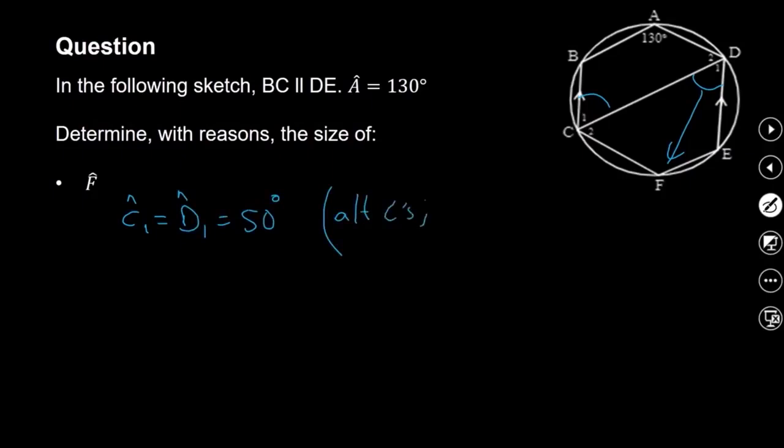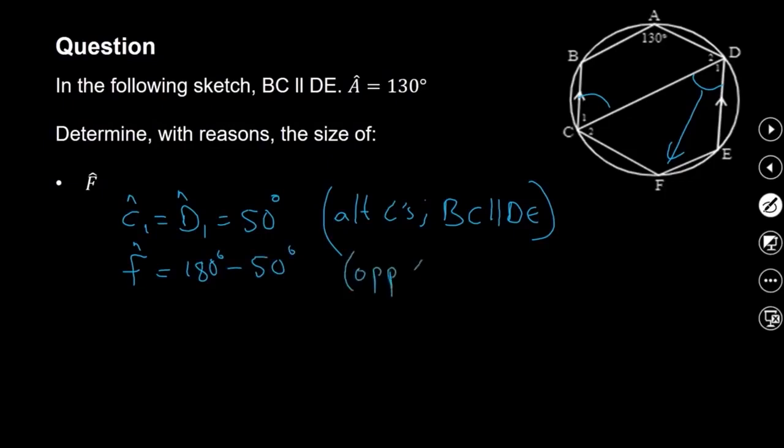Remember, for you to say alternate angles, you must also state which lines are parallel. That's because BC is parallel to DE, right? I know that. And then from there, I will then simply say F is equals to 180 degrees minus 50 degrees, which will be because of opposite angles of a cyclic quad.